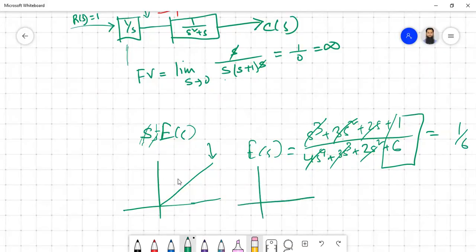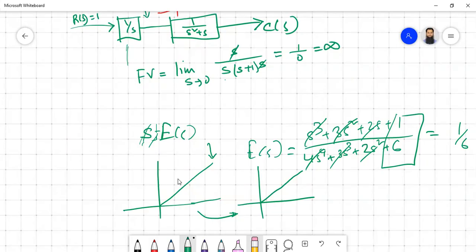Rather, if we can exactly follow the input, then our output will also be a ramp, and how accurately it is following is more important than the final value. So that is why steady state error is a better measure than the final value. Whether it has been able to follow the input or not is more important than the final value.